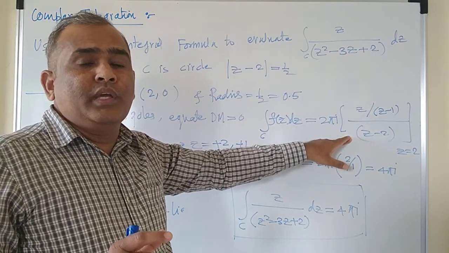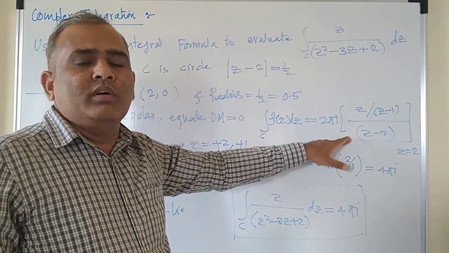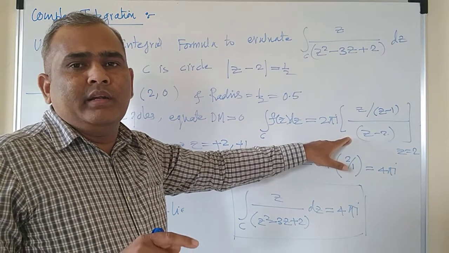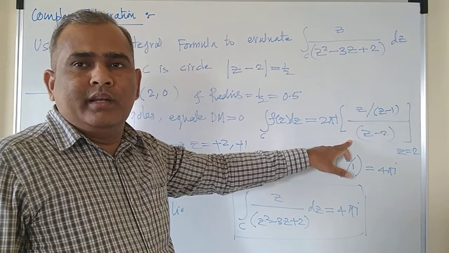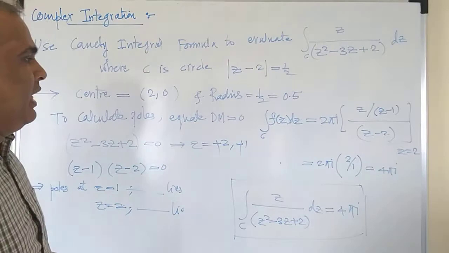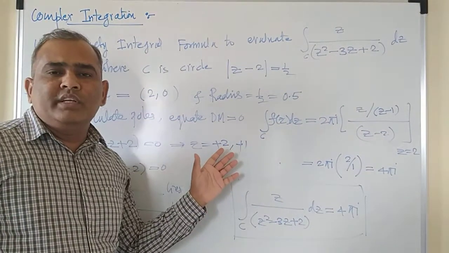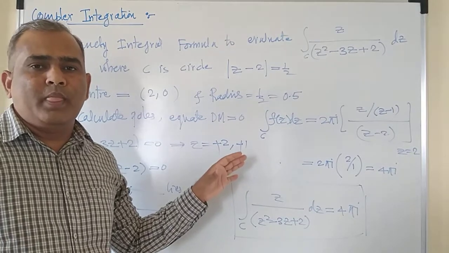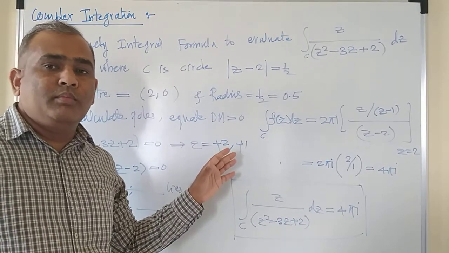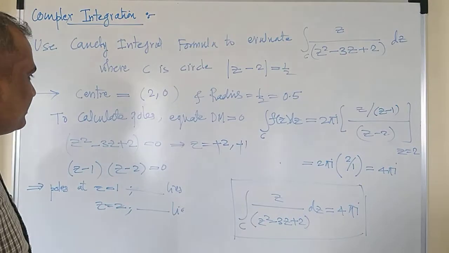If no pole is lying inside the contour, that means the value of the integral is 0, right? And you have to apply the Cauchy integral formula only for those poles which lie inside the contour, and not for the poles which lie outside the contour.